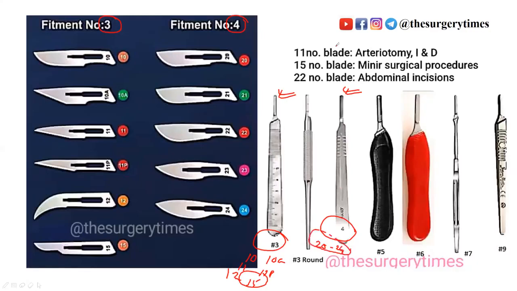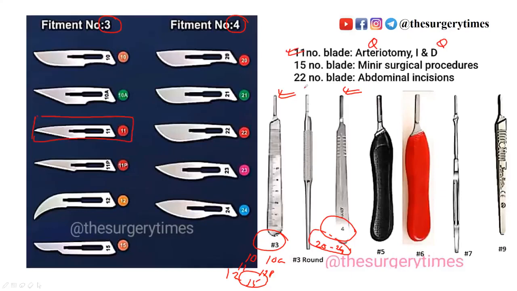So, the significance of the blades: number 11 is for arteriotomy. This came many times in exams, 2-3 times, and it is used for incision and drainage. That is Hilton's method of incision and drainage, where we use the number 11 blade. That is this one.